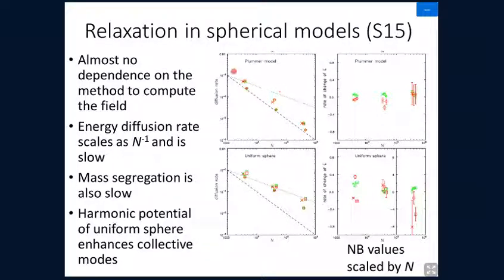And then if I take the Plummer model and I increase the number of particles from 1,000 to 100,000, then you see that the relaxation rate, the energy diffusion rate, roughly decreases as n to the minus 1, which is the dashed slope here. So that's pretty much what you'd expect.